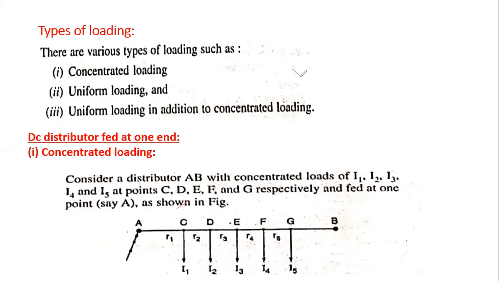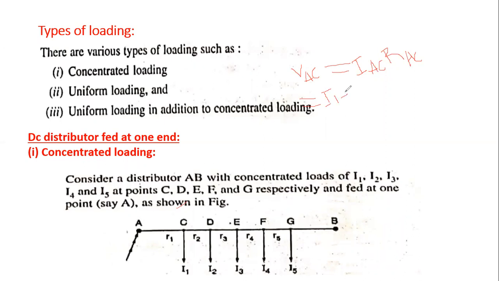Therefore, the voltage drop across section A to C, VAC, is equal to IAC into RAC. What is the current in section AC? I1 plus I2 plus I3 plus I4 plus I5. And the resistance in section AC is R1.